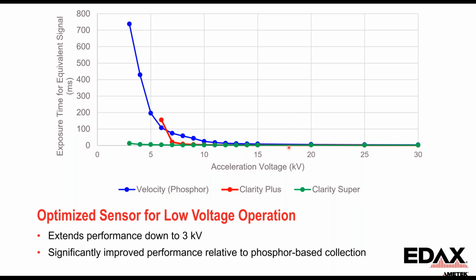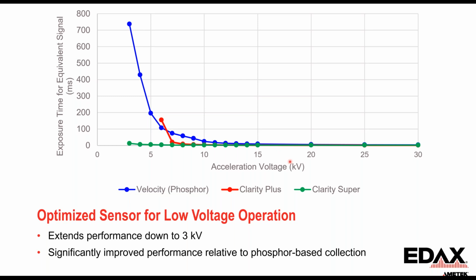The blue line shows that at lower voltages, the phosphor-based cameras become less efficient, and that's primarily a function of how the phosphors work. The Clarity Plus worked well down to about 7 kV. Then it started to have a drop off in efficiency and performance at lower voltages.